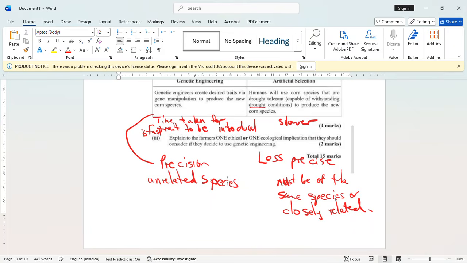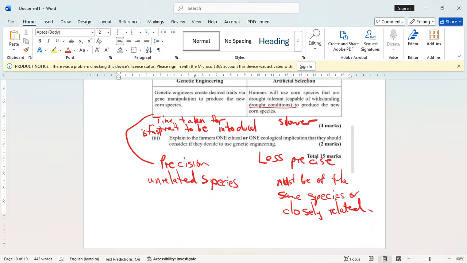And then finally, we don't have to use related species. We can take a gene, maybe from a cattle, that deals with drought resistance, and it could be used to introduce into a plant. That's how far the whole concept of genetic engineering can take it.